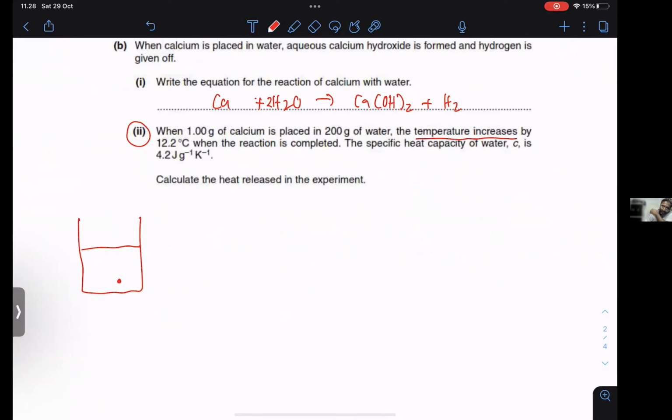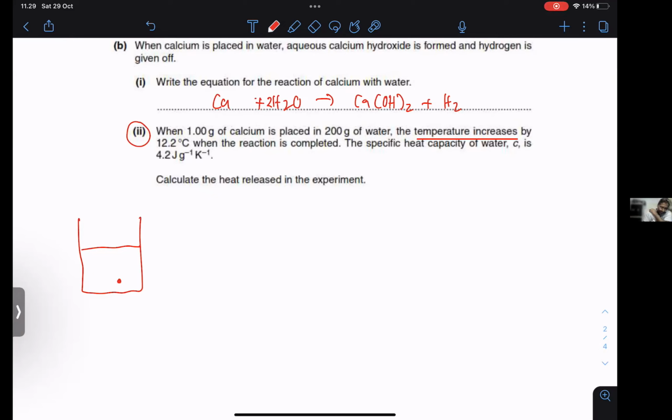So, Mayumi, is this an endothermic reaction or exothermic reaction? Oh, really? Maybe you can help. Exo. Yes, it is an exothermic reaction, because temperature is increasing, so heat is given out.